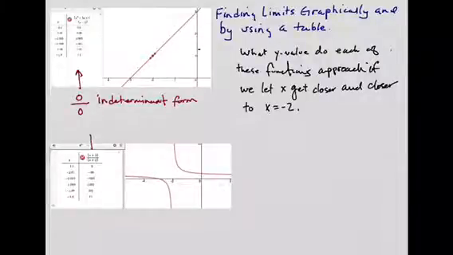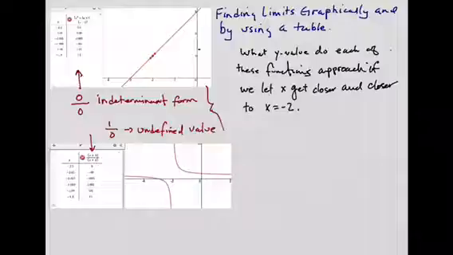We just cannot find out what that value is at all. Whereas if you put negative 2 into x plus 3 divided by x plus 2, we would get 1 over 0, which, as you know, is an undefined value. Now clearly these two graphs look much different. And why is that? That's what we're trying to find out.